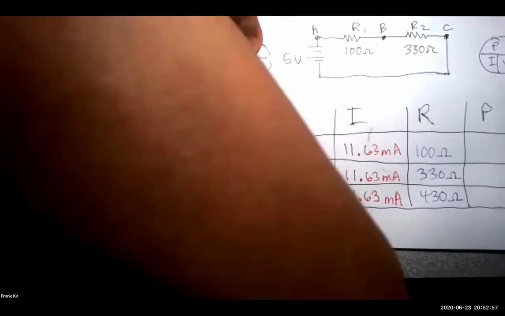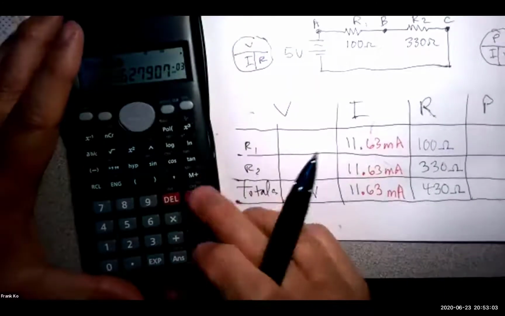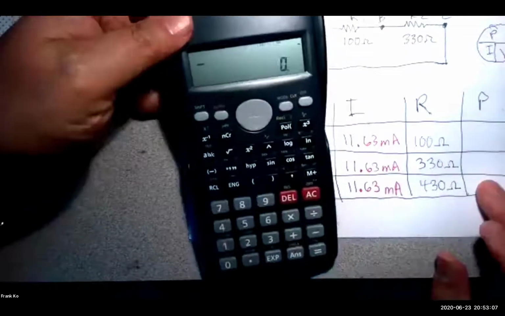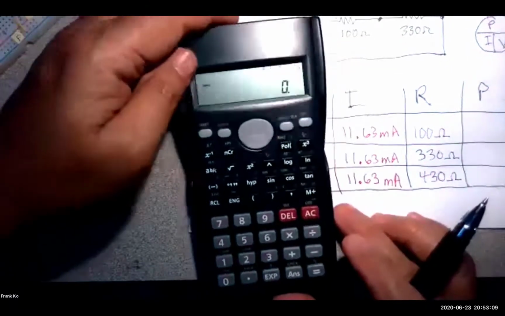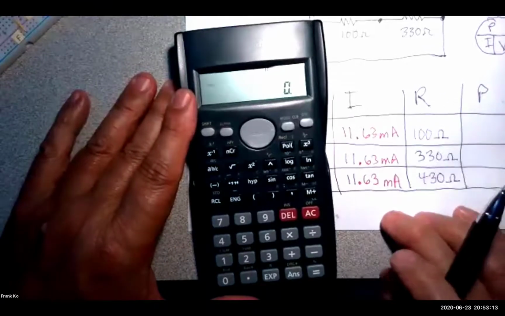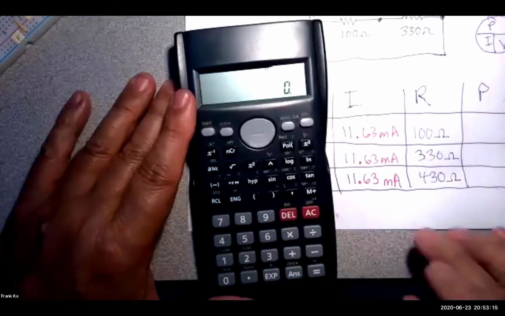Multiplication. So do I have an I? Do I have an ohms? We're not going to talk about using calculator memories for this exercise. We'll all be consistent in using the rounded off answer for now.